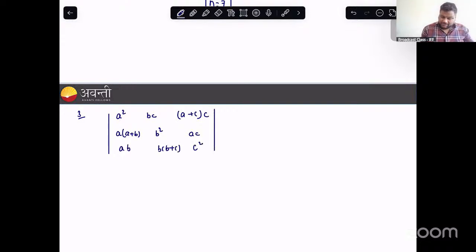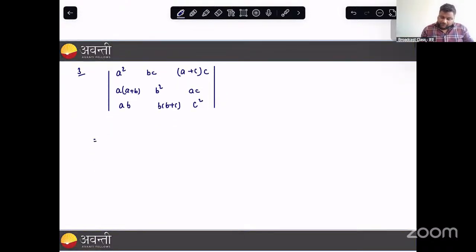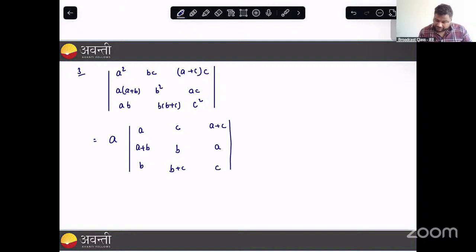They are saying you have to expand this. Take A common from the first column, so A came outside. It is A plus B, B. Correct? Take B common from the second column, C, B, B plus C. Then A plus C, A, C. Correct?